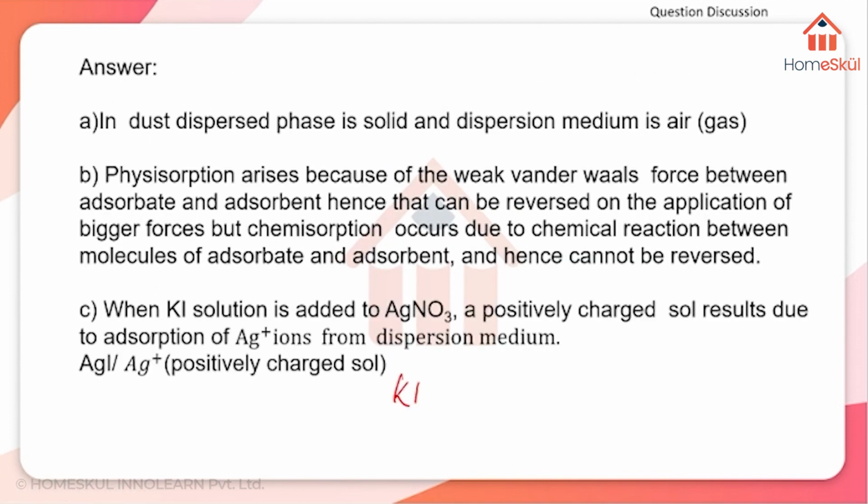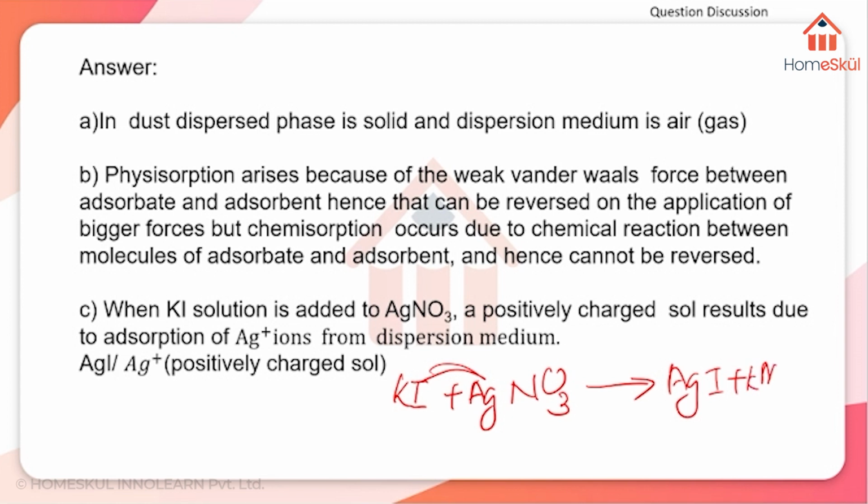So here, when potassium iodide is added to silver nitrate solution, you know silver nitrate is the dispersion medium there, and you get the silver and iodine reactive form. Silver iodide is the precipitate, and potassium KNO3 is also formed. Now, this silver iodide is the precipitate there.